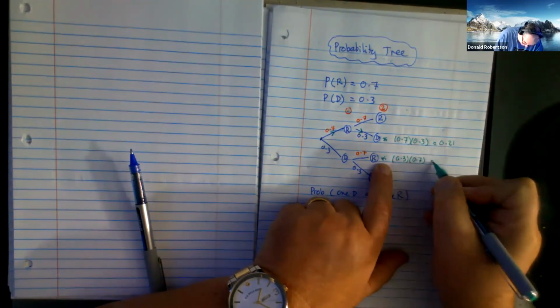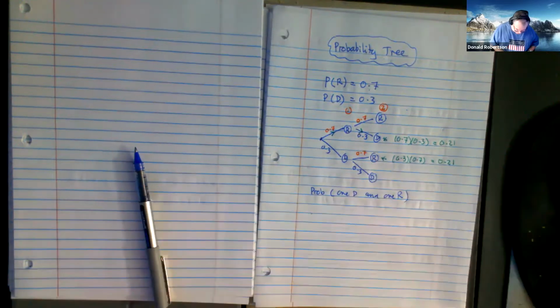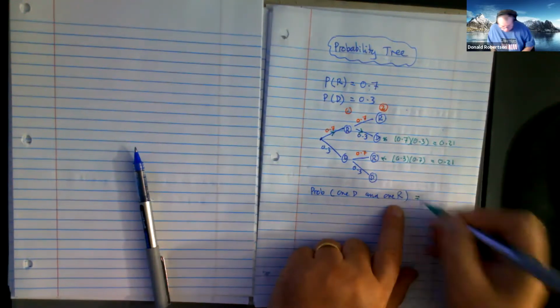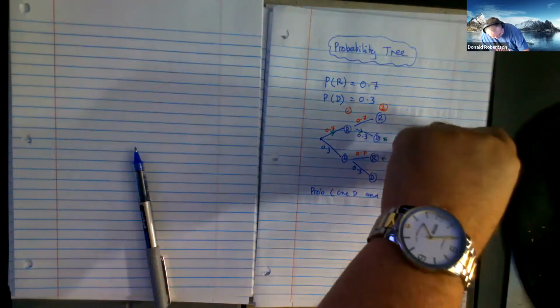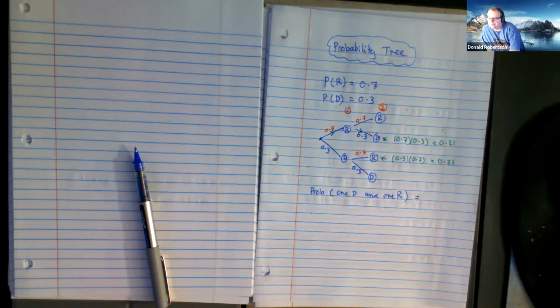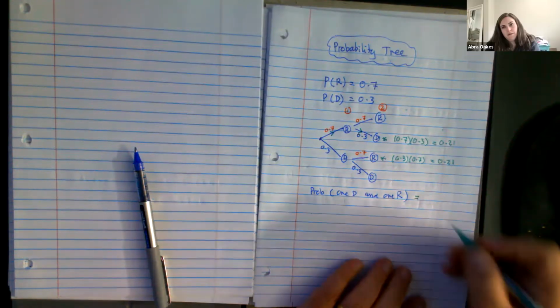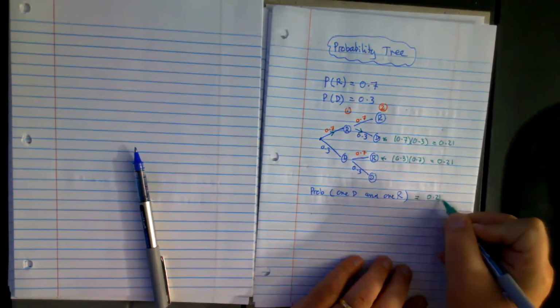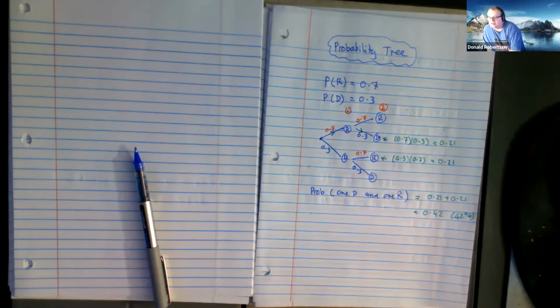And that also ends up being 0.21. What do you think I do with these 2 probabilities then to find this one? You add them together? You do. And so there is a 42% chance that during the weekend I'll get a dry and a rainy day, right? I'll get one of each.